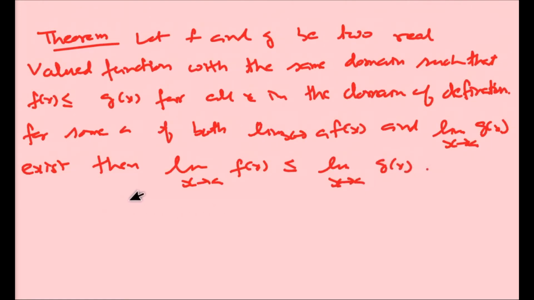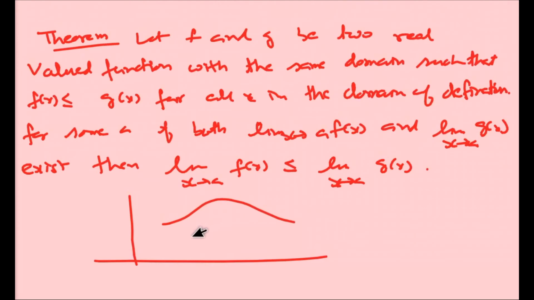This can be illustrated in the graph this way. Let a function have this shape and another function this shape. This is a common point. It is y equal to g(x) and it is y equal to f(x).